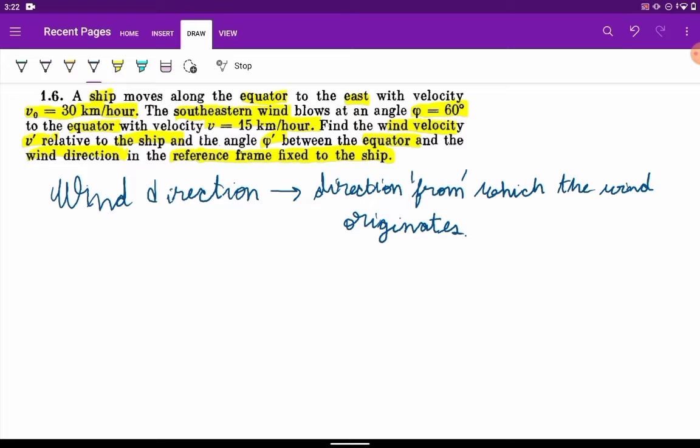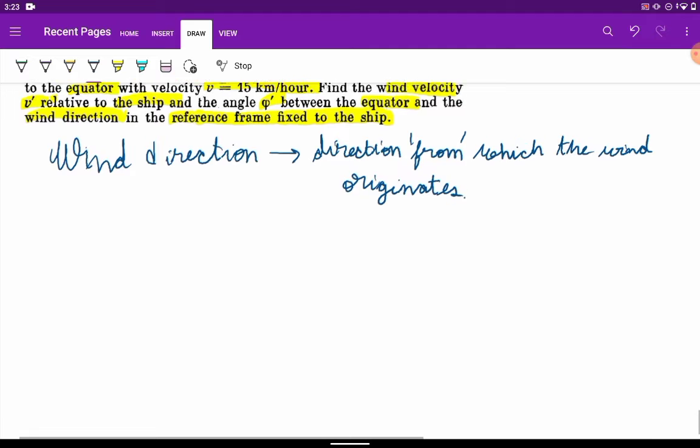Let's take a simpler example. If it is a northern wind, then it originates from the north, that is, it goes from north to south. Similarly, a southeastern wind originates in the southeast direction, which means it goes towards the opposite direction. Its flow direction would be northwest.